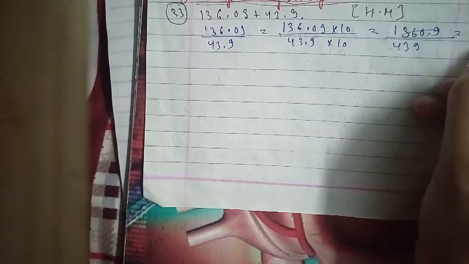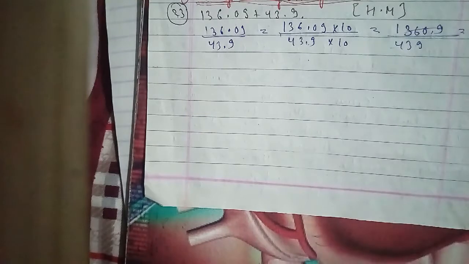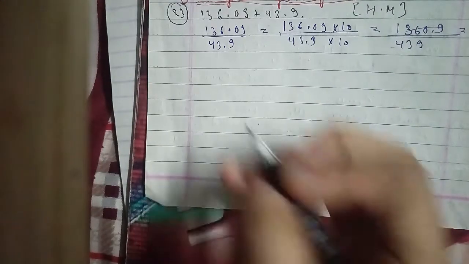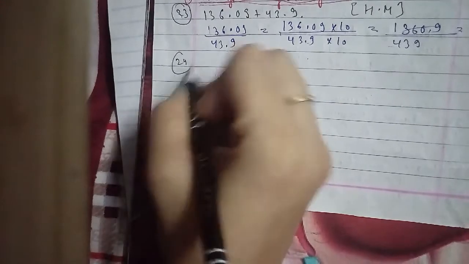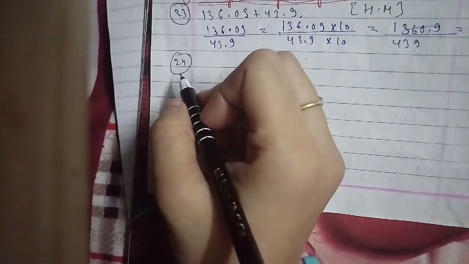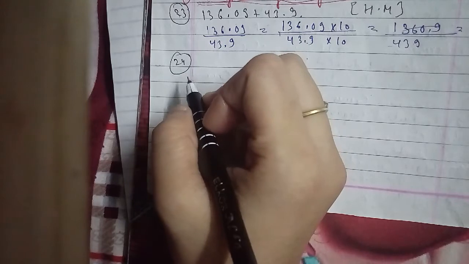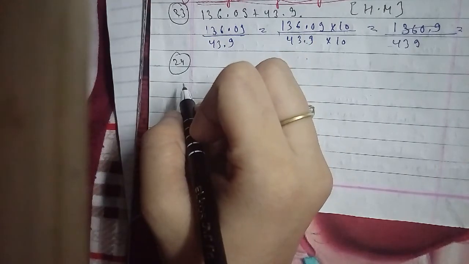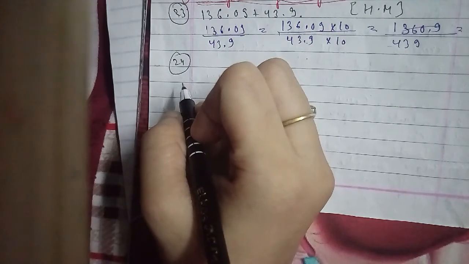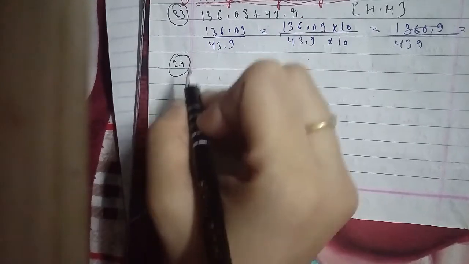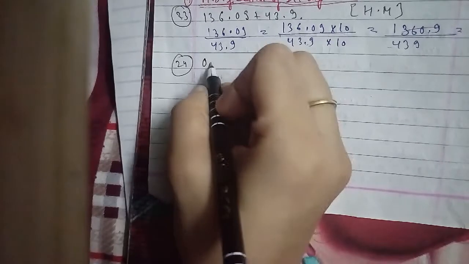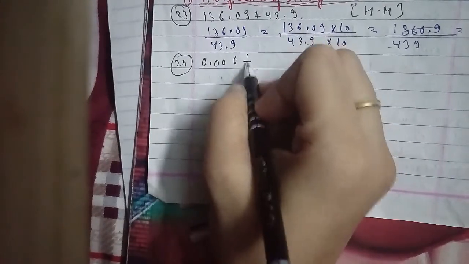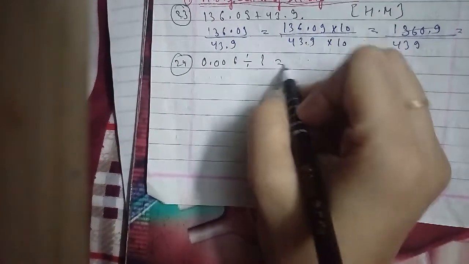Let's go ahead with the 24th question of the session. In the same way, what value will come in place of the question mark in the following equation: 0.006 divided by question mark is equal to 0.6. That is what we have to find out.